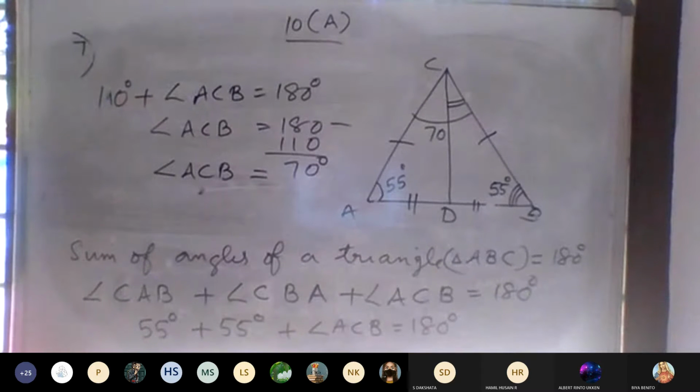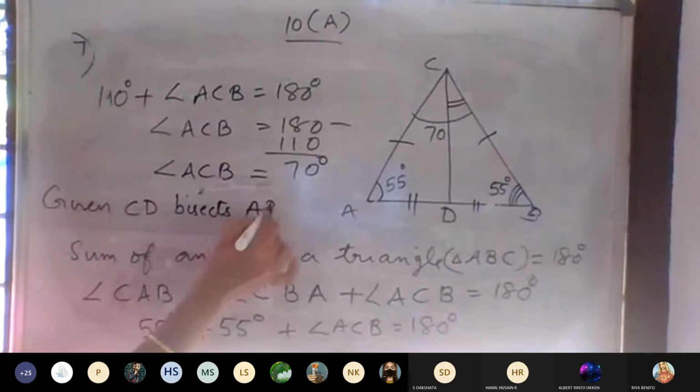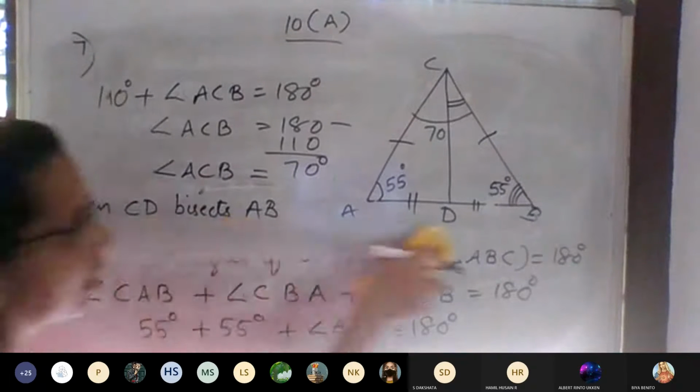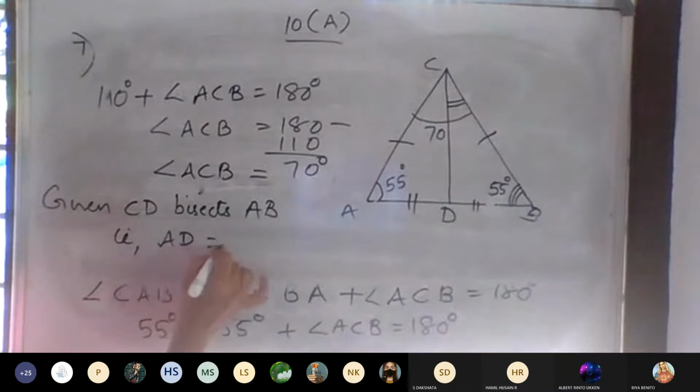What is given in the question? CD bisects AB. Bisects means two sides equal. AD is equal to BD.